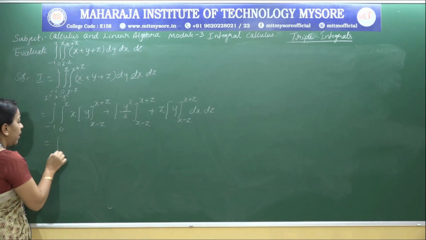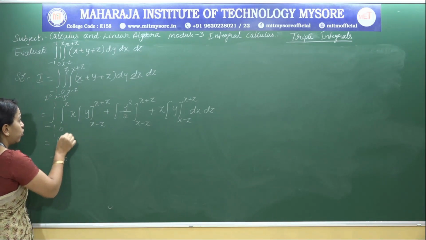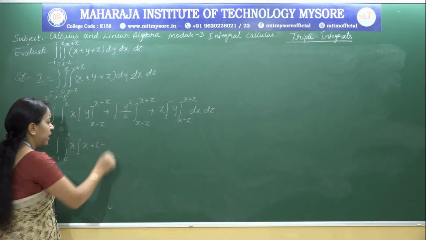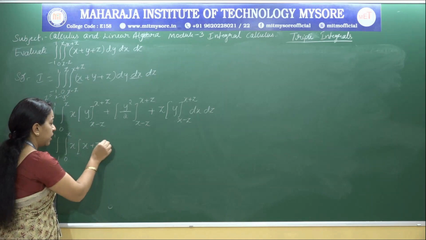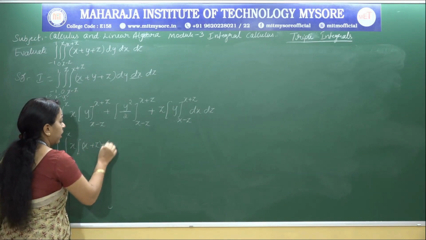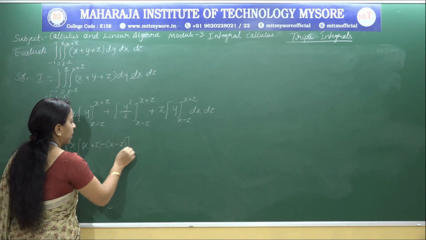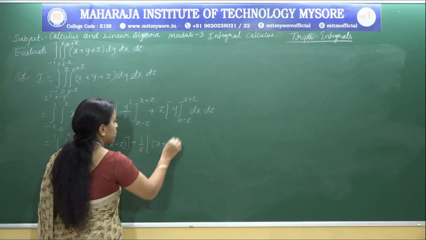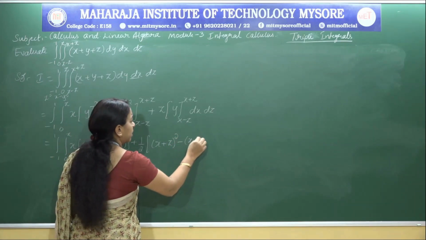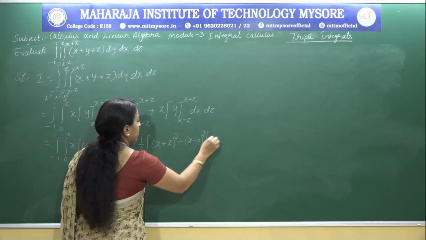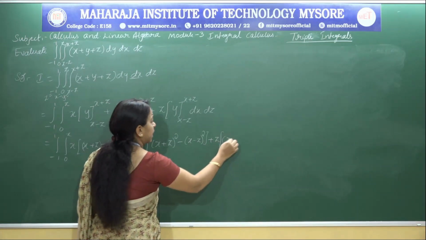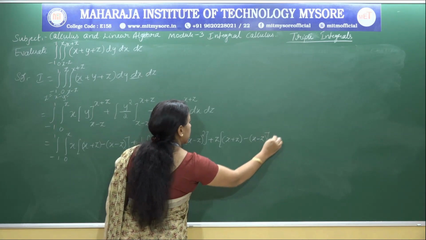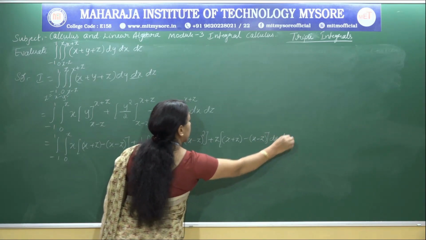Now apply the limit: integral minus 1 to 1, 0 to z, x into upper limit x plus z minus lower limit x minus z, plus 1 by 2 common, upper limit x plus z whole square minus lower limit x minus z whole square, plus z into upper limit x plus z minus lower limit x minus z, dx then dz.